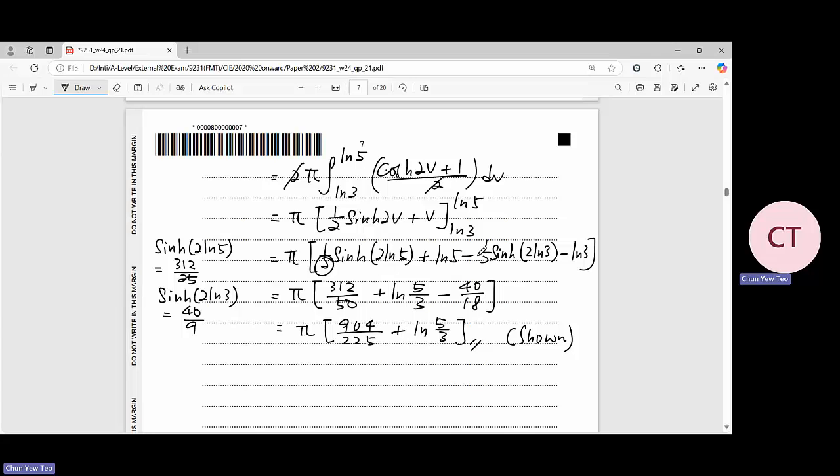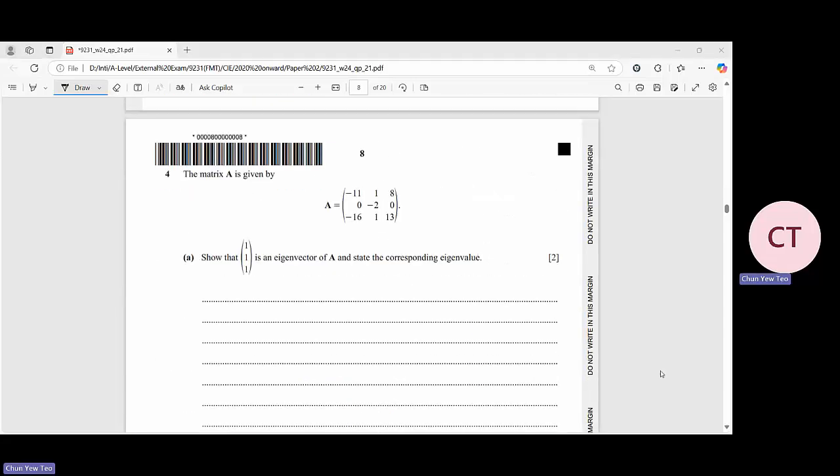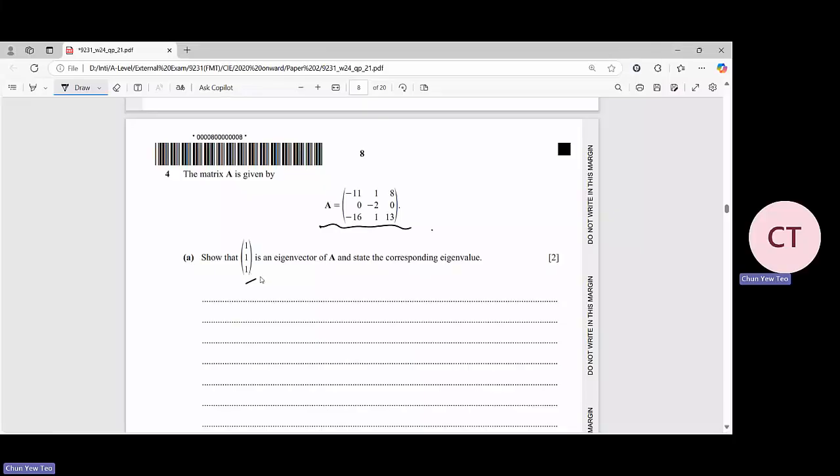Okay, so now let's move on to question number 4. Given as following here. Show that (1, 1, 1) is an eigenvector of the matrix A and state the corresponding eigenvalue. Since they already give you the eigenvector, how to show that it is an eigenvector?